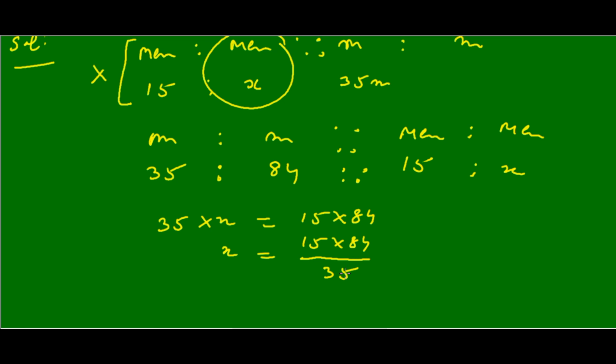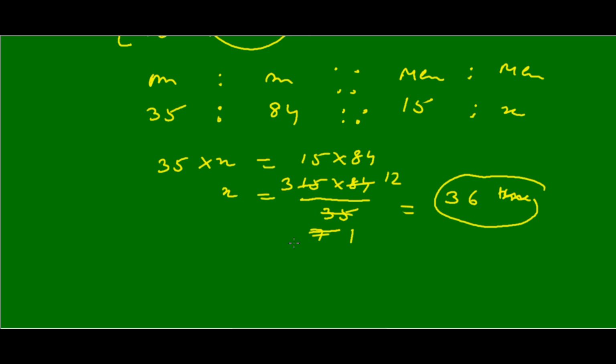Now 5 7s are 35, 5 3s are 15, 7 12s are 84. So our answer would be 36 kilometer. Sorry, meter. 36 meter. This is our answer. Right? So students, this was your exercise 7b.